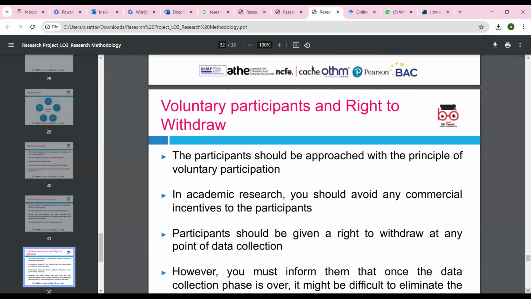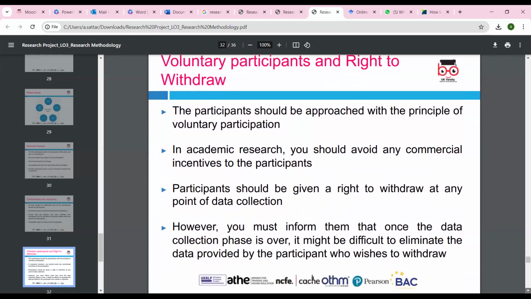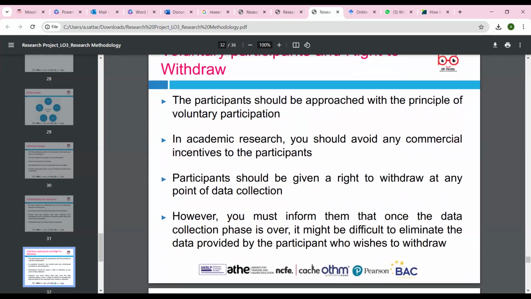Okay, so voluntary participation and the right to withdraw. Participants should be approached on the principle of voluntary participation. In academic research, you should avoid any commercial incentive to participate; if we pay you money, you might give views according to our wishes, because you are collecting the money. There is the right to withdraw at any point of data collection.